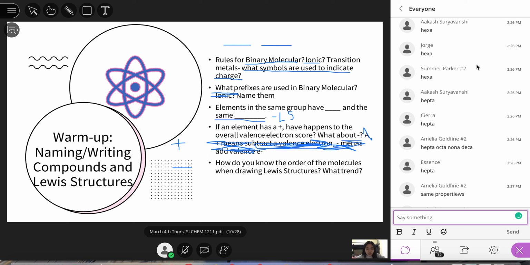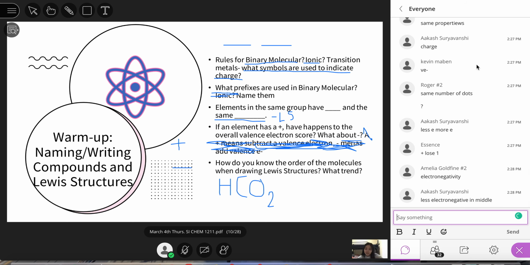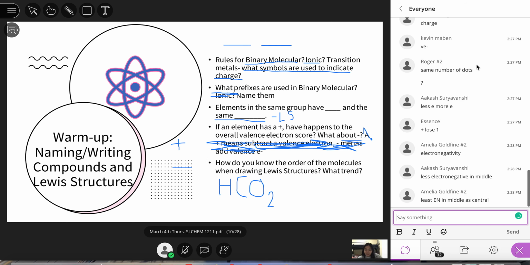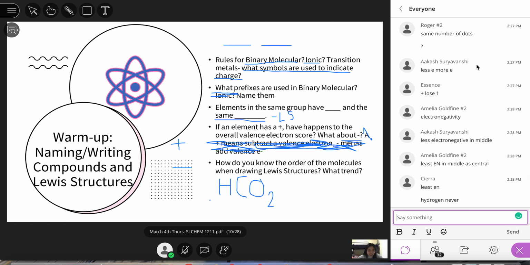And then how do you know the order of atoms when drawing Lewis structures? What's the trend? So you have something like HCO, how do you know what goes in the middle? Electronegativity, what about it? Okay, Akash said less electronegative in the middle. Yes, exactly. The least electronegative will be in the middle, except when it comes to hydrogen, for example.